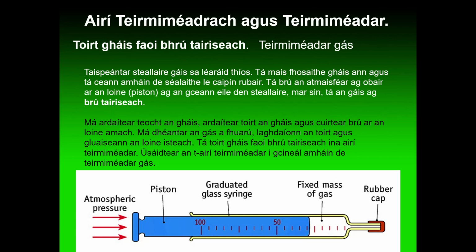We seal the top of it so we don't get any more gas in. Now the piston is working at ordinary atmospheric pressure, so I can keep the pressure constant. The syringe has a fixed mass of gas sealed in it at ordinary atmospheric pressure.